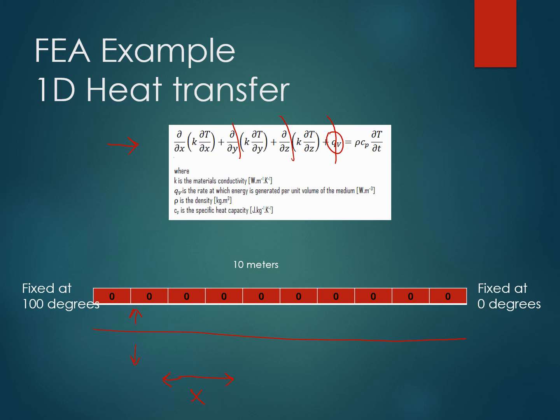So we really just have these two terms, which mean the change in temperature with the change of position in x, and K is our thermal conductivity of our wire, and that's going to be equal to density with the specific heat, and our change in temperature with change in time.